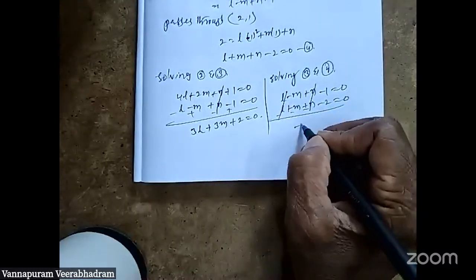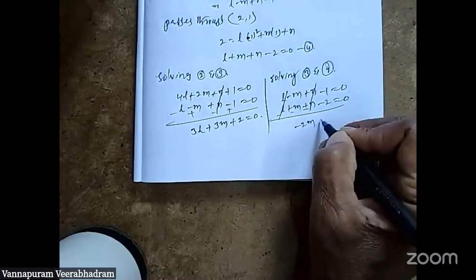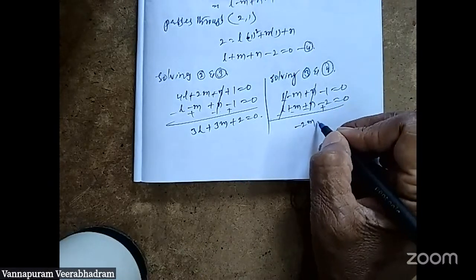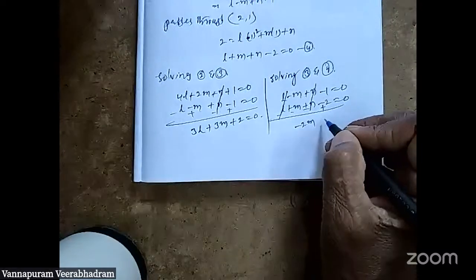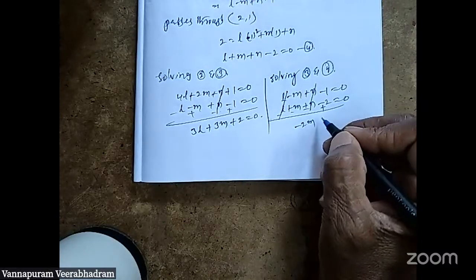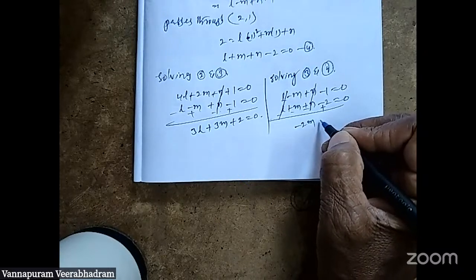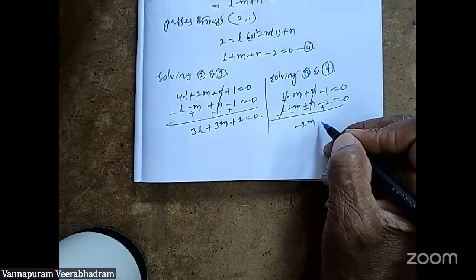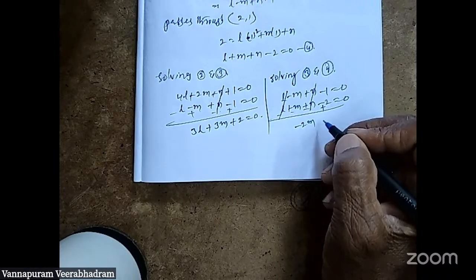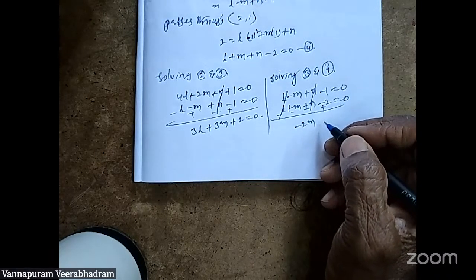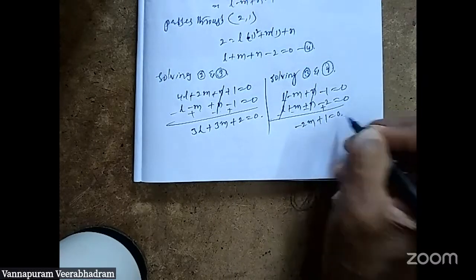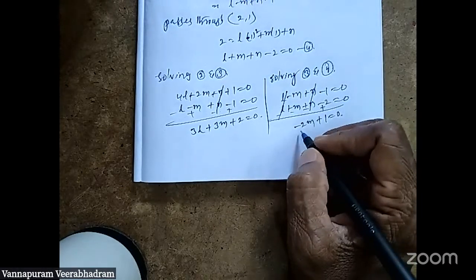Minus M minus M is minus 2M, and minus 1 plus 2 is plus 1.